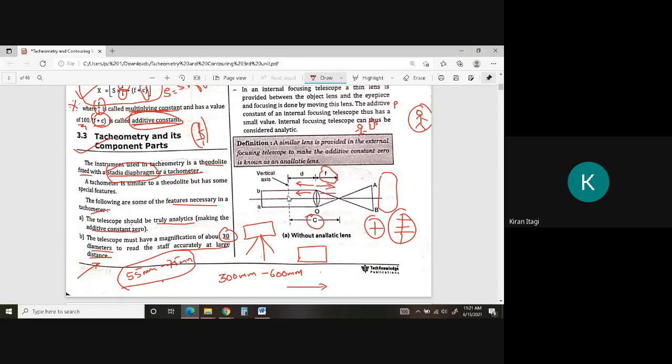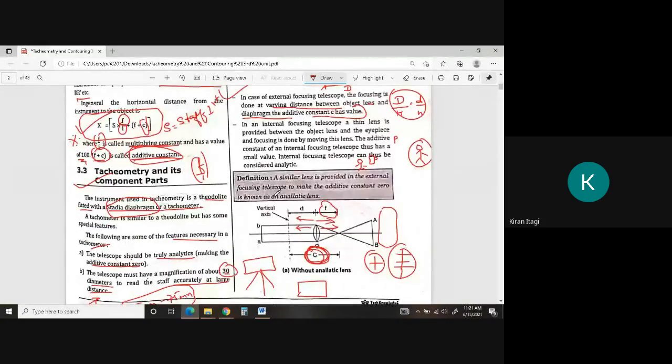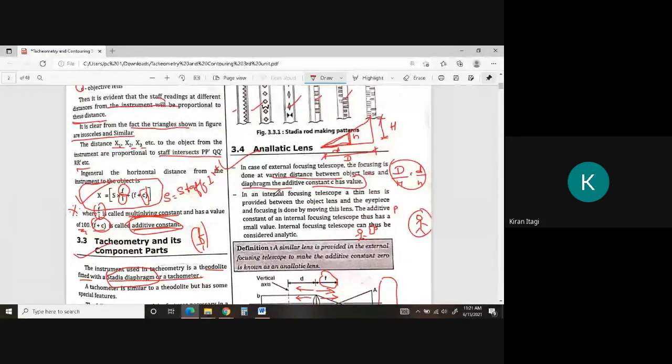So here you are making your lens move forward or backward, means you are changing this C value. Simple mathematics that you have already learned: concave lens and convex lens, focal length changing, determining the focal length f. The same thing we are doing as revision here.